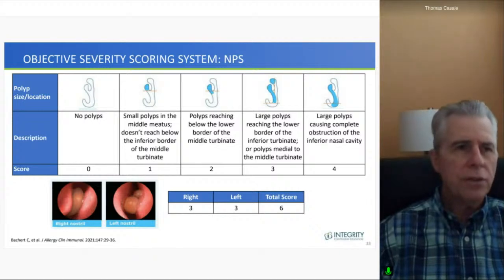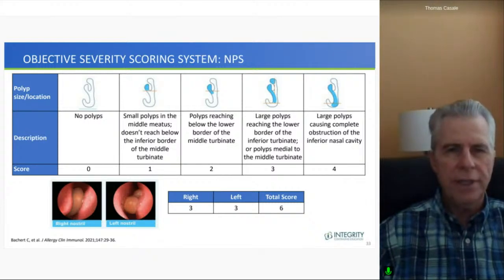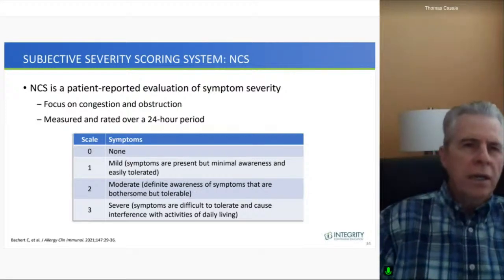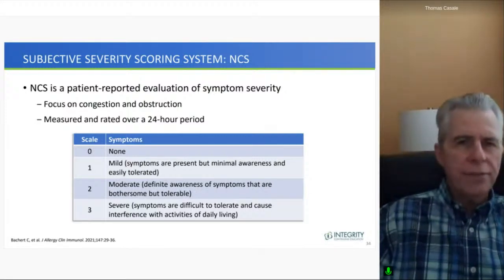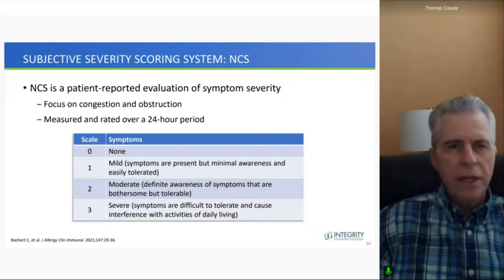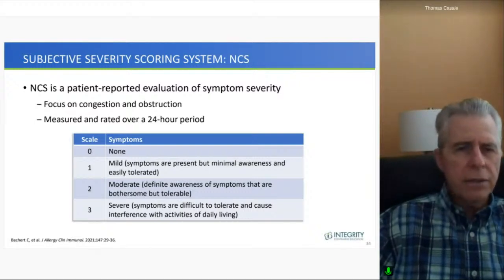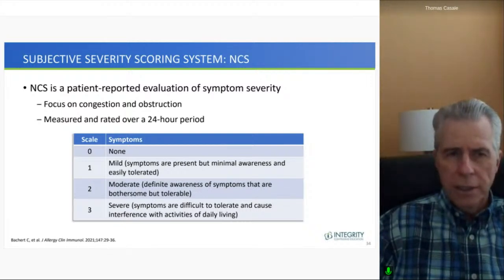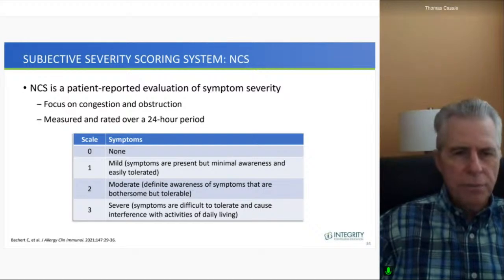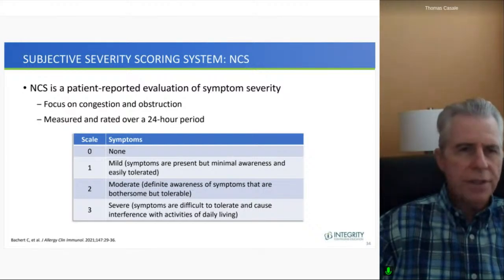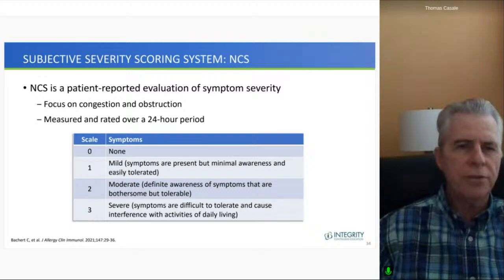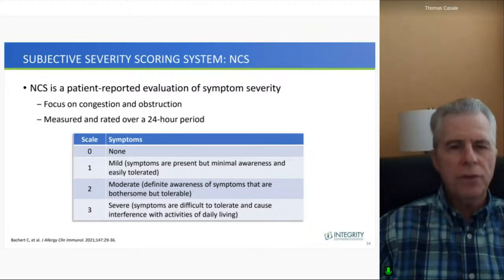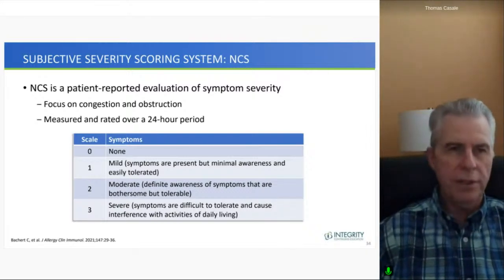The important thing to look at is how much did they decrease their nasal polyp score. Furthermore, there's a subjective severity scoring system, and that includes rating of symptoms on a scale of 0 to 3, 0 being none, and 1 being mild, 2 moderate, 3 severe. And of course, it focuses on congestion and obstruction, which is the most significant symptom for these patients.